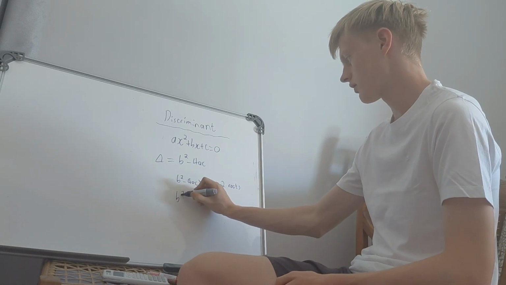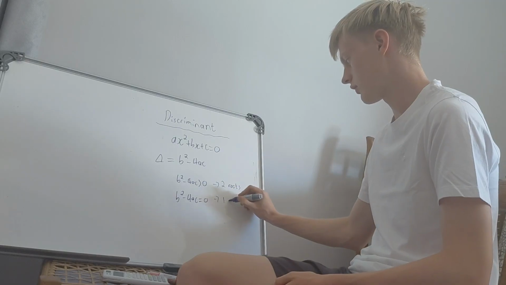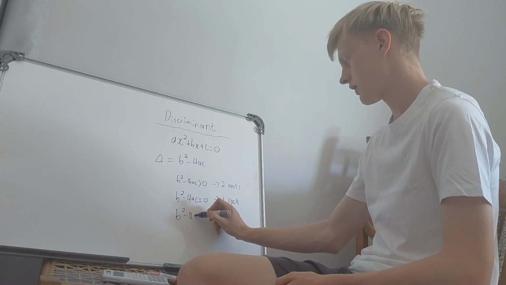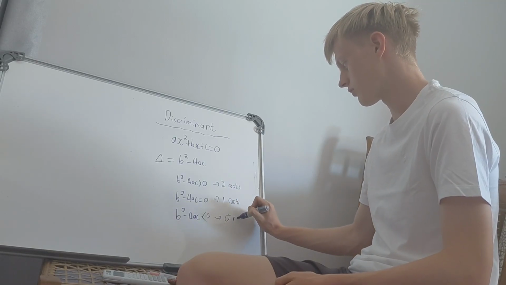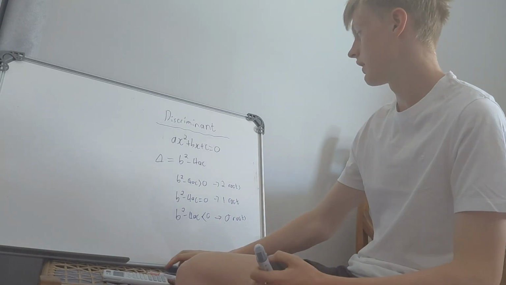If the discriminant is equal to 0, there's only 1 root. And if the discriminant is less than 0, there are no roots. Now, this is very useful. Let's try an example.